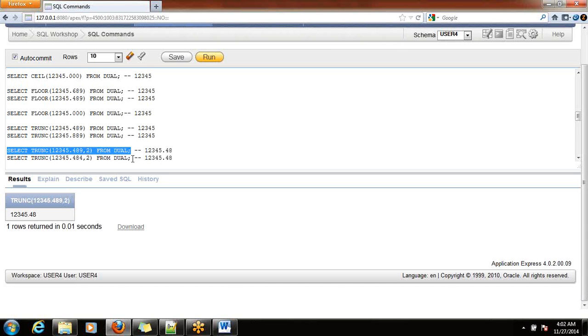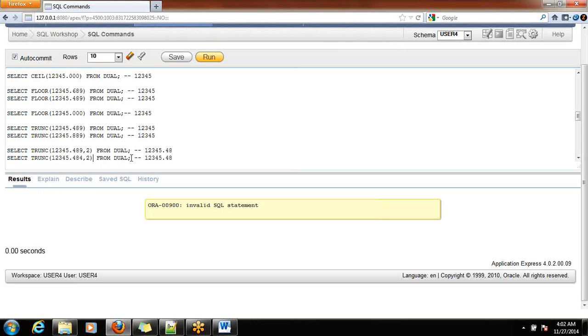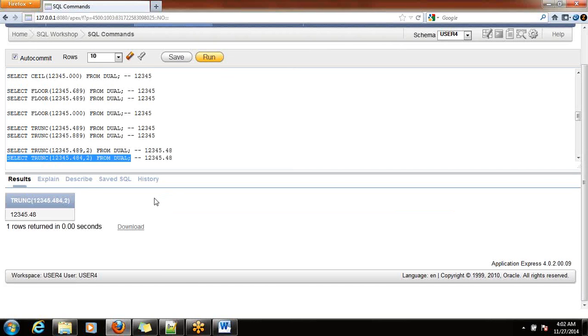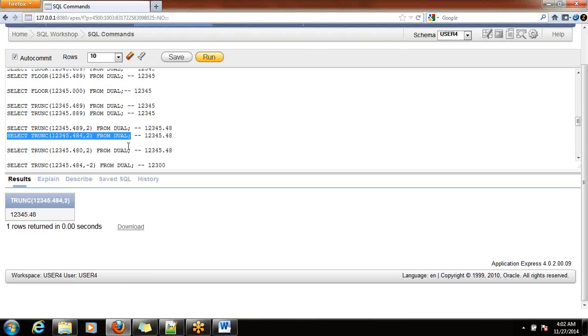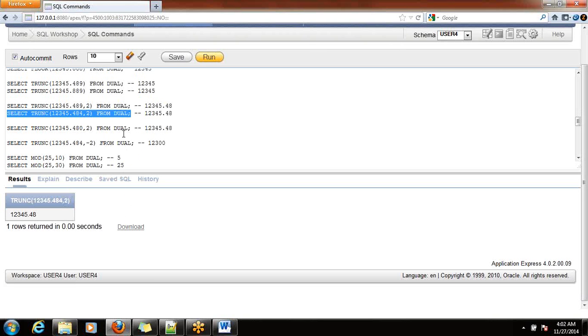Here you can see, it just truncates from the third digit in the decimal part. If there was a number 3, then it will show 3 decimal places.